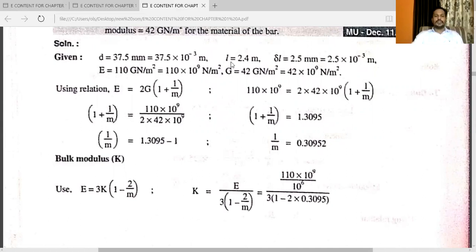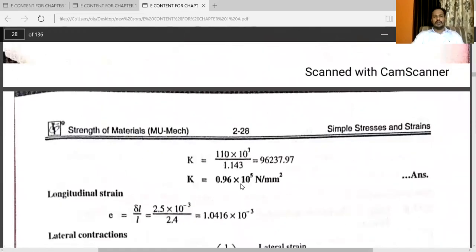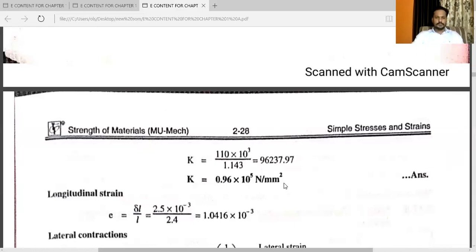That is the value of E. We have the value of mu, that is 0.30952. Just putting the value of E and mu, you will get the value of K, that is bulk modulus. So here the value of bulk modulus is 0.96 into 10 raised to 5 Newton per mm square.